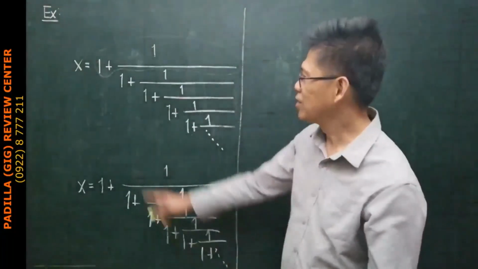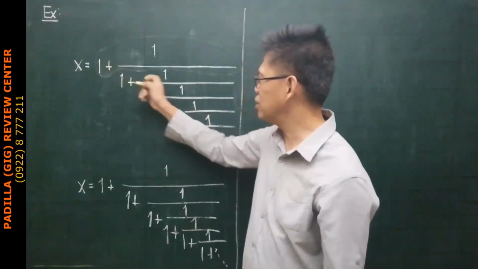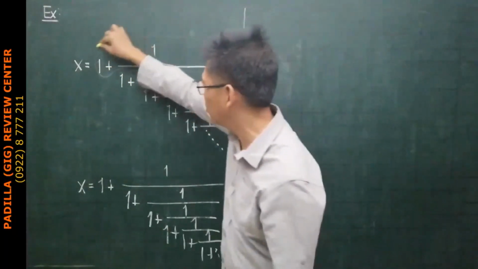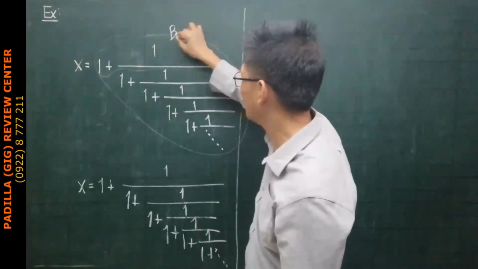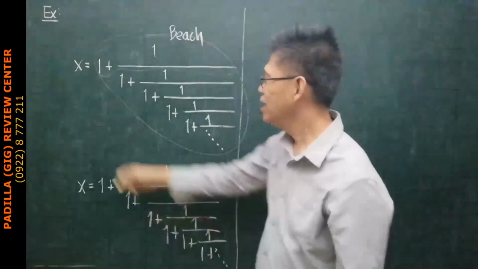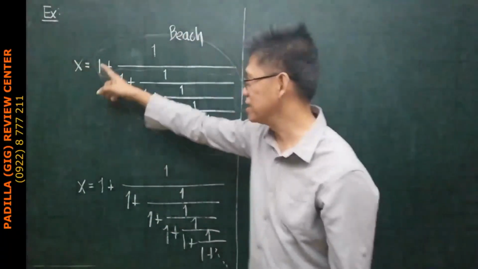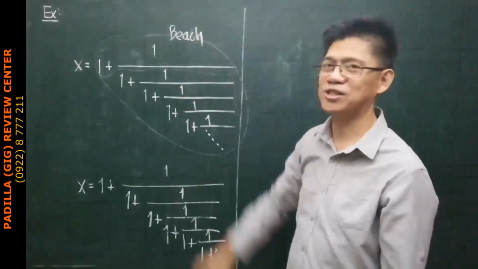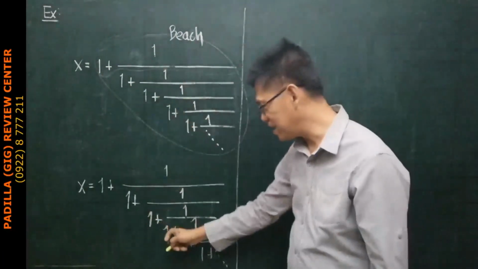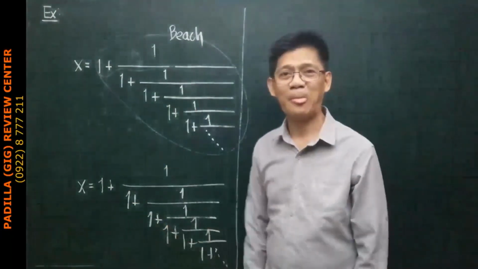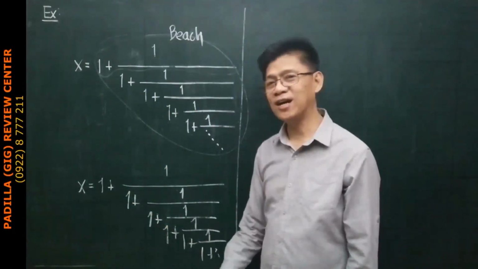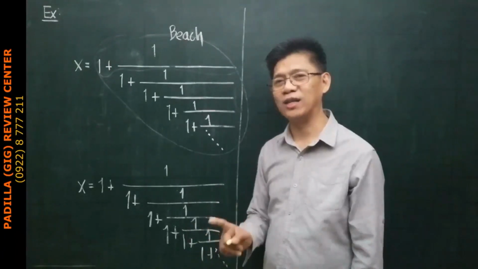Correct? So, yung grains of sand, pag sama-samahin mo, this entire thing is your beach. So, your x is equal to the beach. And this is identical to that because I just copied this to this. Right? Ang gagawin natin, we will add 1 grain of sand.